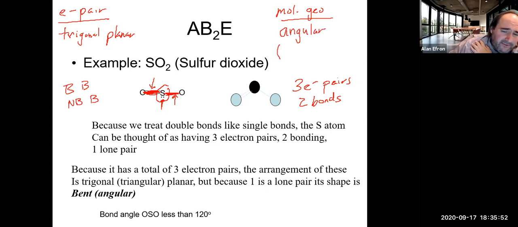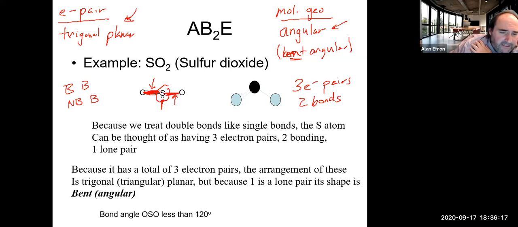Some people sometimes will call it bent or angular. But for this particular geometry, and we'll see something bent in a second, you should have something to do with angular. It's usually the term used to describe this geometry. The bond angle, and all bond angles really, go with the electron pair geometry.